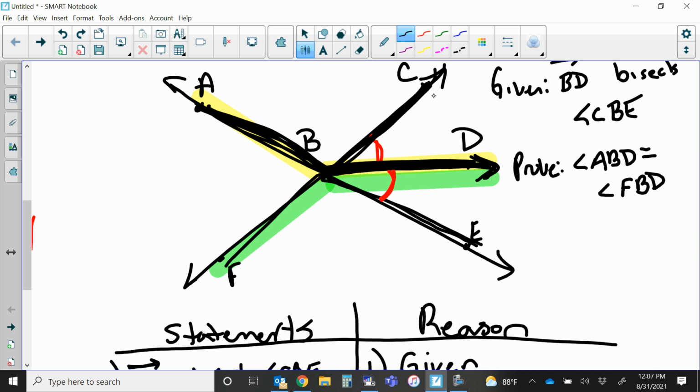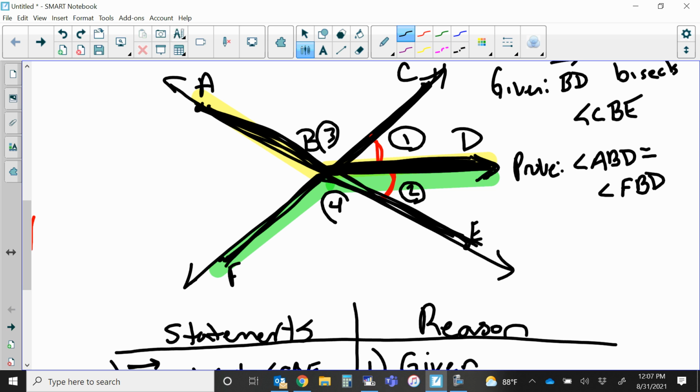Well, didn't I just show you that CBD is the same as EBD? Well, what two angles make up angle FBD? FBE and EBD. Don't I know this part right here, angle 1, is the same as angle 2? But wouldn't it be nice if I know that 3 was the same as 4?